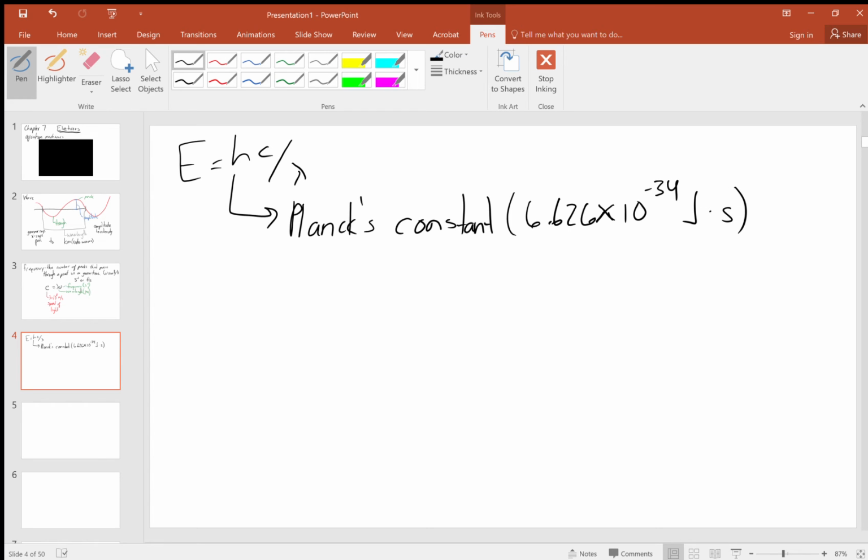And Planck's constant is named after Max Planck, who was one of the founders of quantum theory.